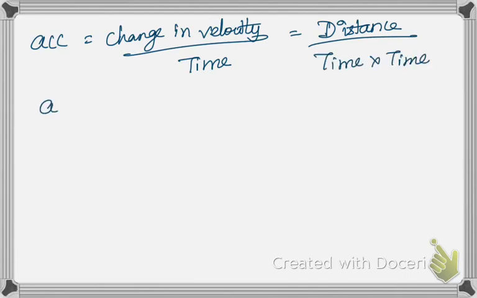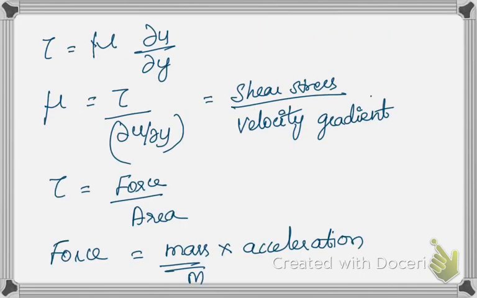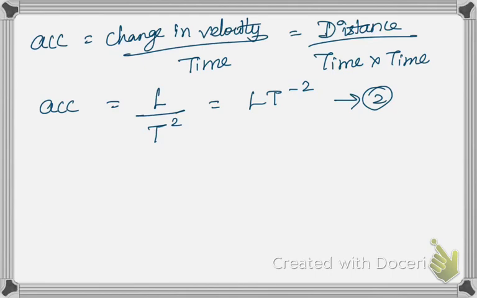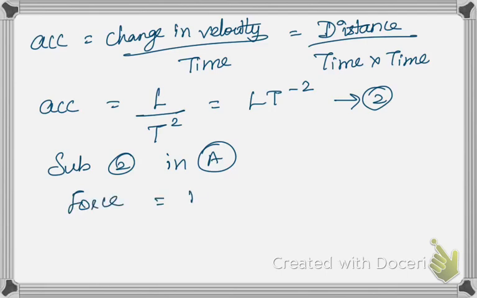So for acceleration it is L by t square, that is L t power minus 2. Let this be 2. So I can substitute 2 in A. Sub 2 in A, where force is equal to mass into acceleration. So force will be equal to m L t power minus 2.